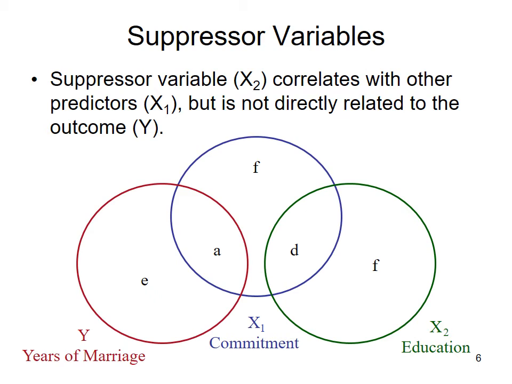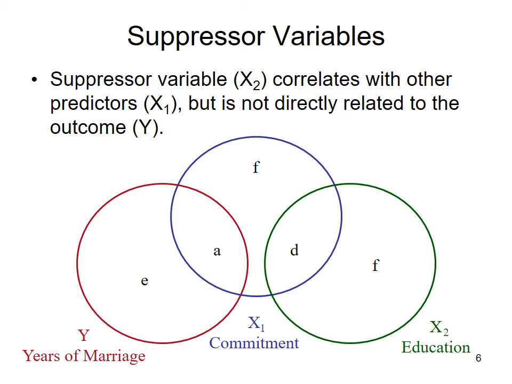So now we know what they are in isolation. If we then put them all in the model and suddenly find that education becomes related to years of marriage, that means that it's probably a suppressor variable. Once you put all three in the model, suddenly the model is trying to drag education more into commitment, which makes it then overlap with years of marriage, which is not the actual case.